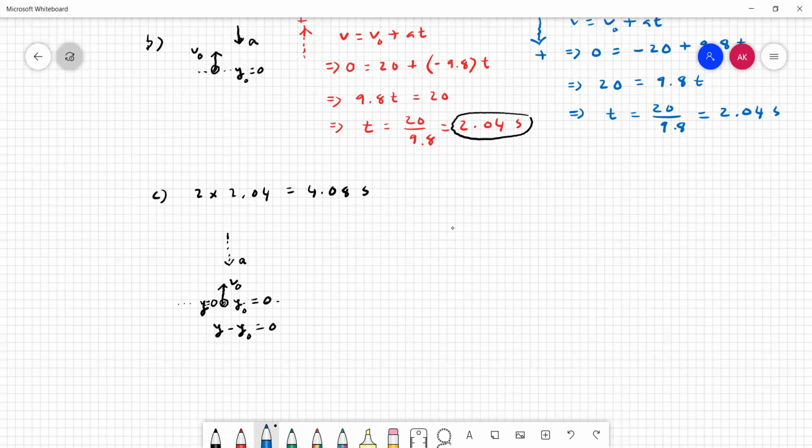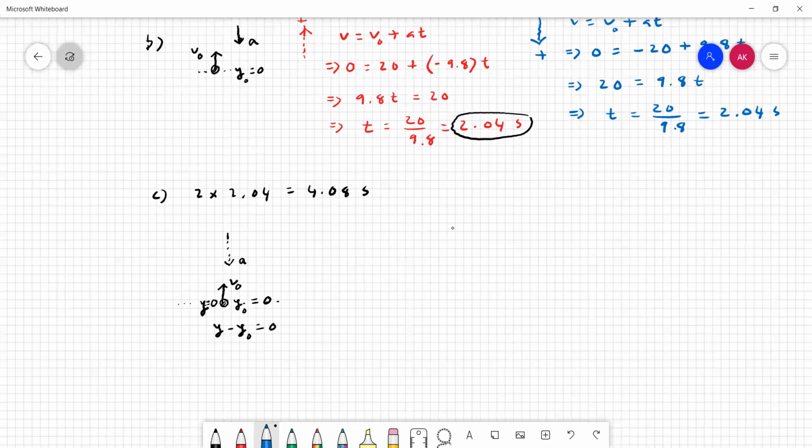Wonderful. When it reaches the maximum height, what's the velocity at the maximum height? 0. Now it turns back, right? It doesn't hang in there. So when it comes back down, what happens to the velocity of the object? It increases, from 0 again. As it approaches the ground, is it increasing more and more?